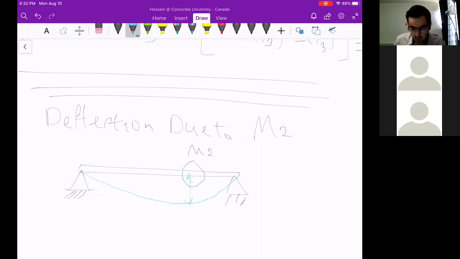This is Y double prime 2, deflection at point 2 due to the second mass, and this is deflection at point 1 due to the point load of the second mass. This length would be B, and these are going to be basically X.